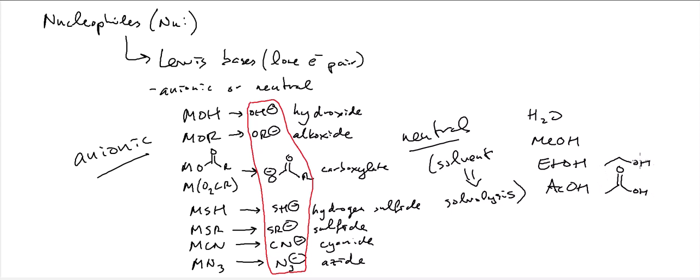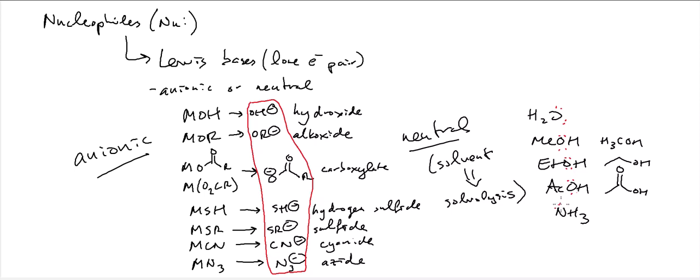Ethanol would be this, methanol would be this, water is as written. Or something like ammonia. And keep in mind that all of these have lone pairs, so H2O has 2, methanol has 2, ethanol has 2, acetic acid has 2, and NH3 has 1. So these are all Lewis bases, even though they are neutral nucleophiles.